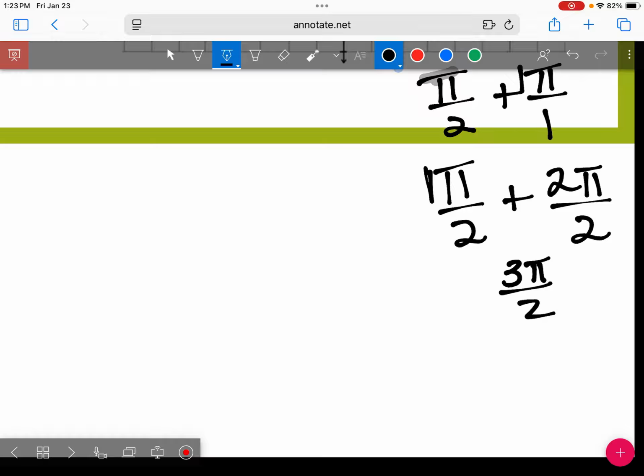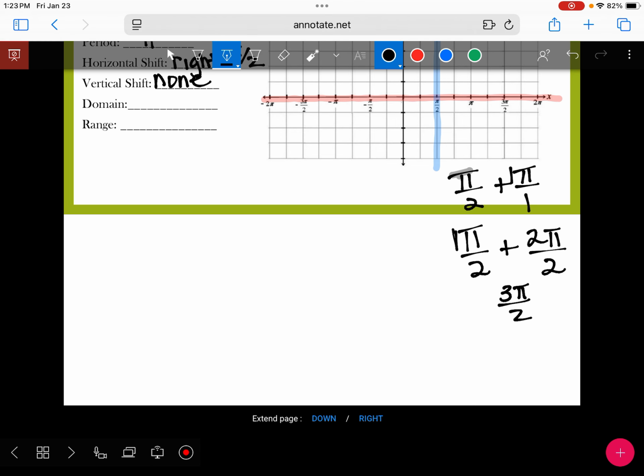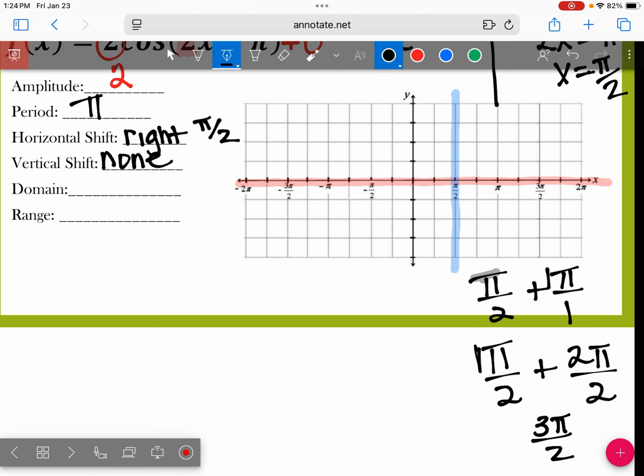Okay. The easier way would be, if 2 pi is 8 hops, then pi would be what? 4 hops, because it's half. So either way, I do not care. I'm going to put my ending wall right here.